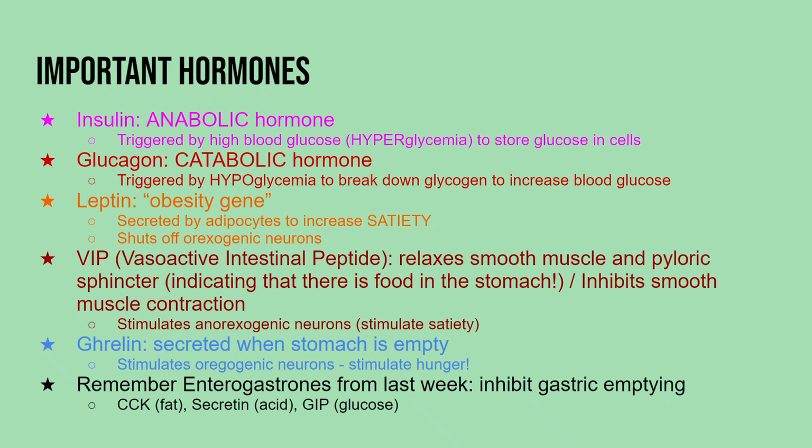And then also the enterogastrones, secretin and GIP. Those all stimulate anorexigenic neurons.